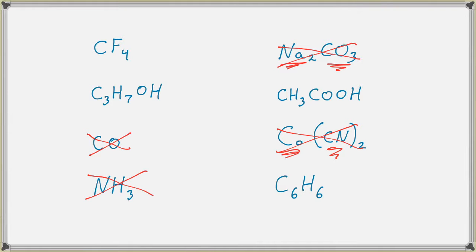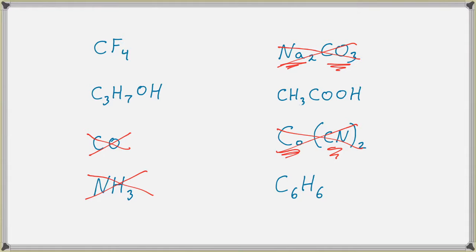Now, ones that sometimes give people trouble are the ones like this OH here and this acetate ion here. Sometimes students will see those and think, oh, well, that means it's an ionic hydroxide or an ionic acetate. Those are not ionic bonds, though. If that was an OH attached to a metal, then yeah, that would be ionic.